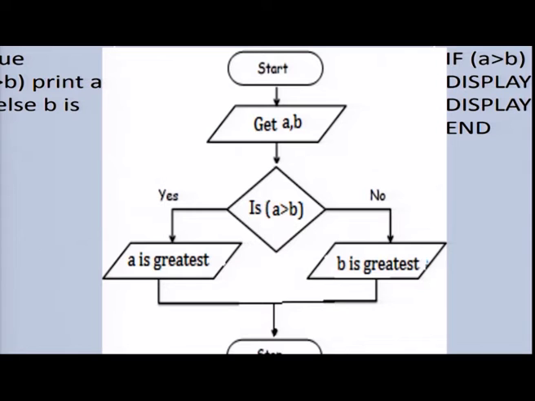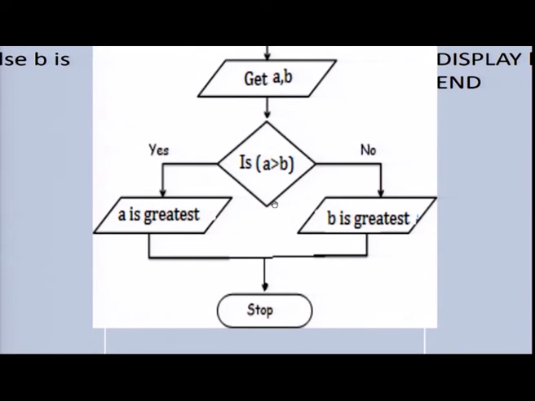In this example, you have a start symbol, an oval symbol, and a stop symbol, an oval symbol. For getting the input, it is a parallelogram. For printing the output, it is a parallelogram. For making a decision, my dear viewers, kindly listen carefully, it is the diamond sign.